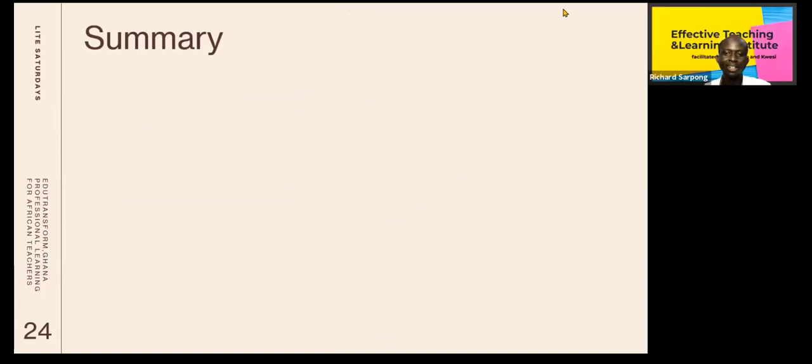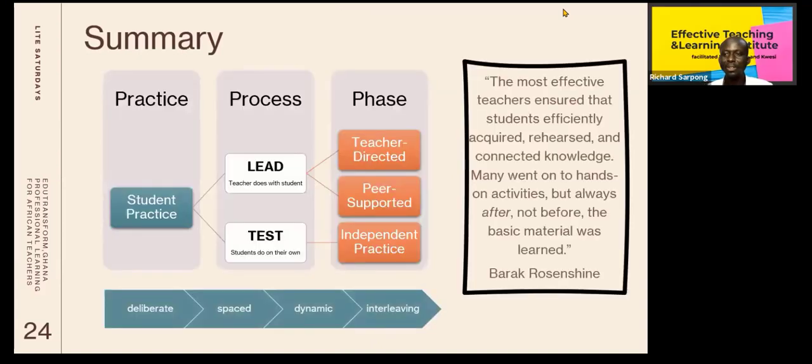So we've been using this whole idea from Barak Rosenshine's research, which says that he checked the work of a number of teachers, and he realized that for most of the teachers who are effective, this is what they do. They don't just ensure that students have acquired the knowledge through instruction, but they also ensure that whatever knowledge students have acquired is connected.